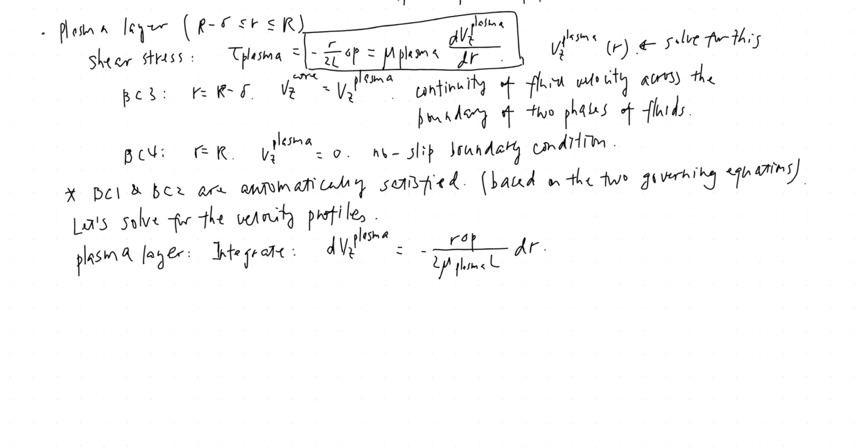You will get Vz plasma. I strongly suggest you work this out on your own, because we solved this before, so it's like a review. I'm going to solve this for you, but you verify it on your own. It's delta P R squared divided by 4 mu plasma L, multiplied by 1 minus little r over capital R, squared.